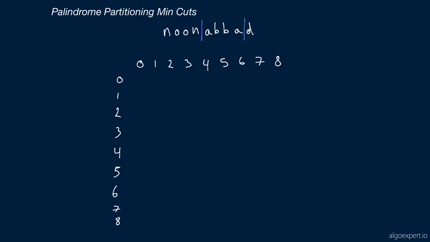To give you an example here, even though we can cut the string into 3 substrings, right? Noon, ABBA, and D, we only need 2 cuts. We need 1 cut less than the number of substrings remaining, and that can be kind of tricky to wrap your head around, especially in the setting of an interview.